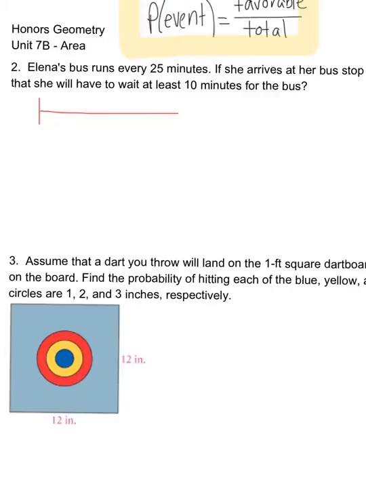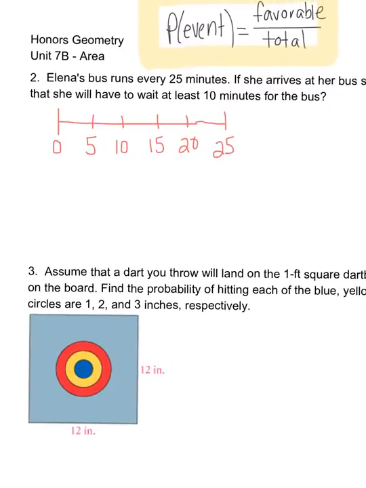So I'm going to say 0, 5, 10, 15, 20, and we're going to end our number line at 25. The reason I chose a number line showing 0 through 25 is because let's say that Elena just missed her bus.